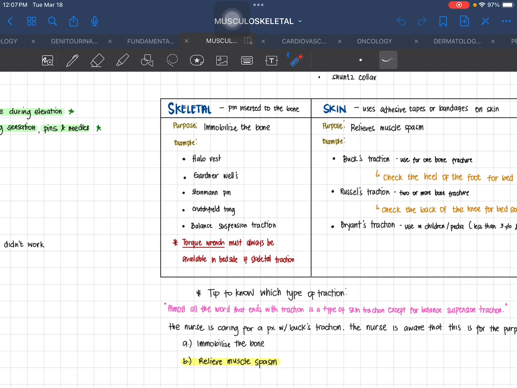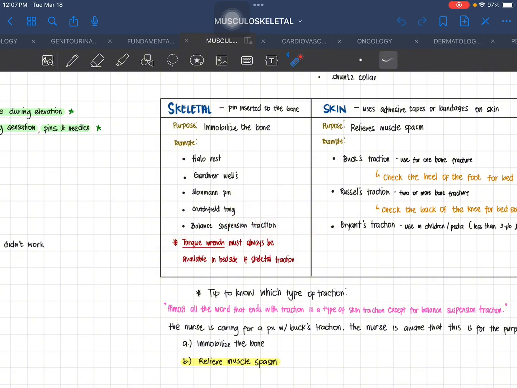Example, sa skin, may box traction, Russell's traction, Bryant's traction. Ang except lang ay balance suspension traction kasi nandito siya sa skeletal.